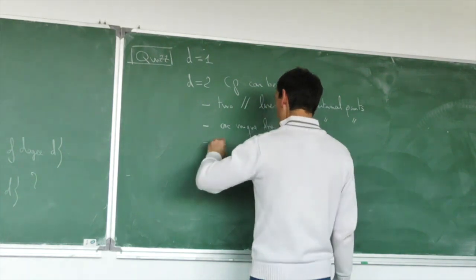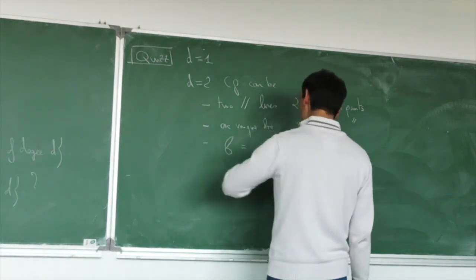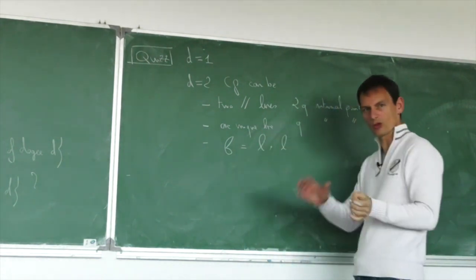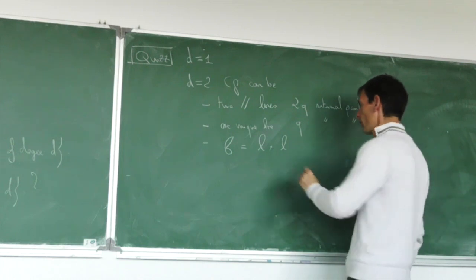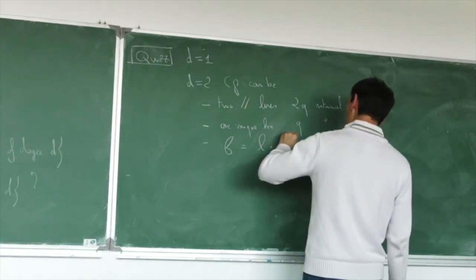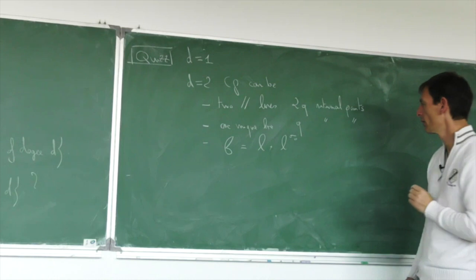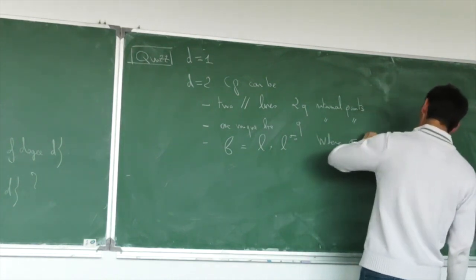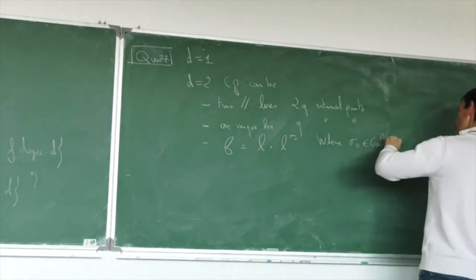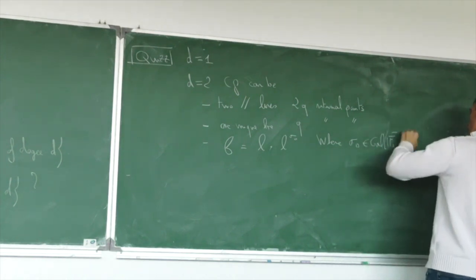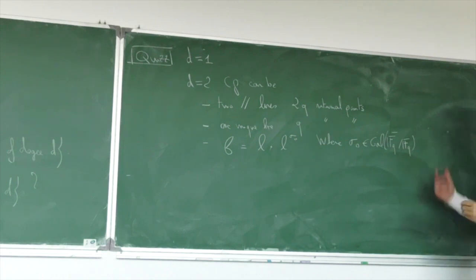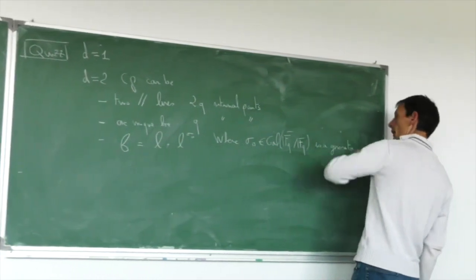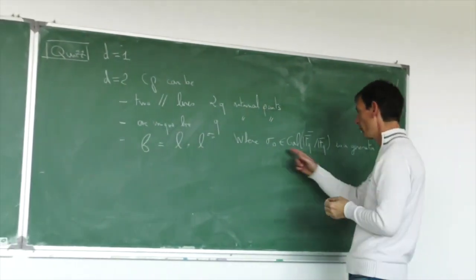So this is the case where f is going to be the product of two lines which are conjugated, L and L^sigma_0, where sigma_0 is a generator of the Galois group.